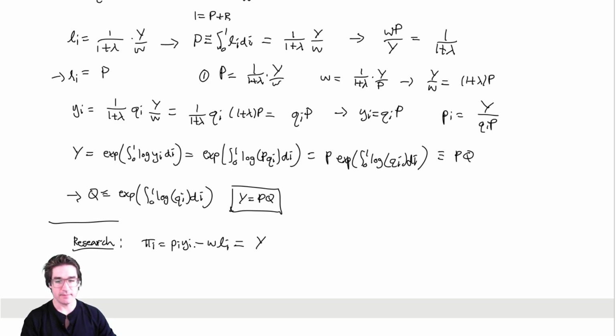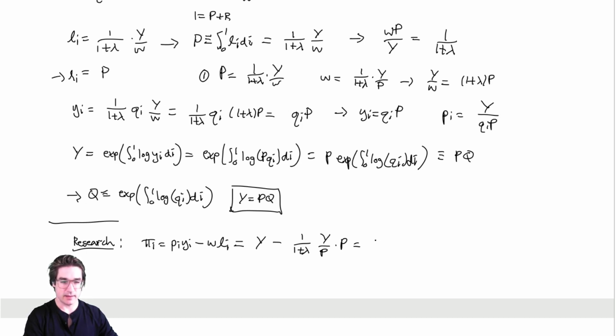We could plug in individually, see it cancel, and we're going to get Y. And then here, w times Li. We can plug in for w, which is right here. We're still keeping this Y around; we could plug that in later. We know w is 1 over 1 plus lambda times Y over P, and we know that L is just equal to P from up here. It's going to cancel.